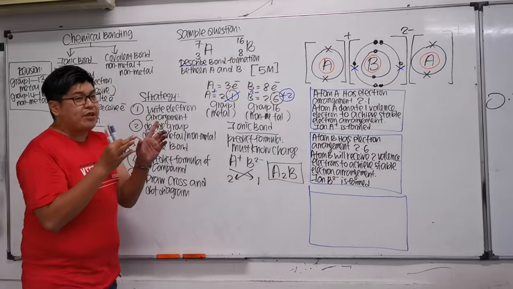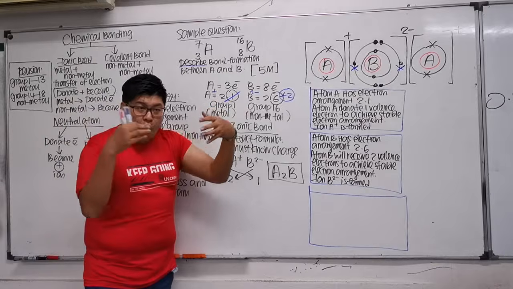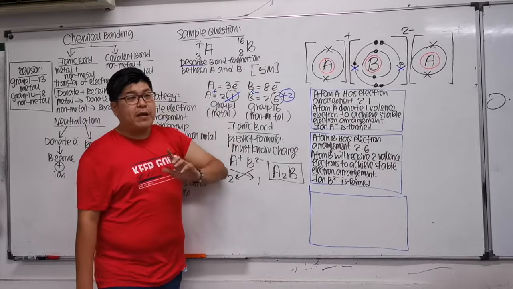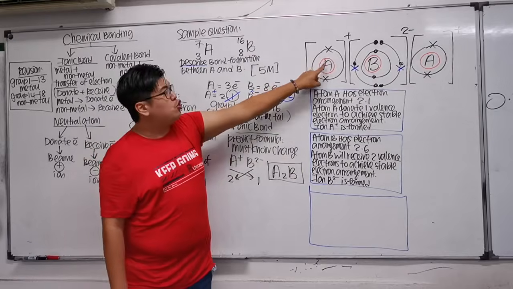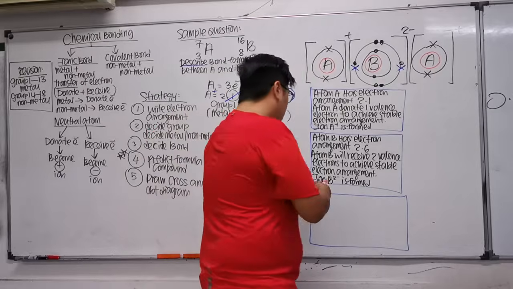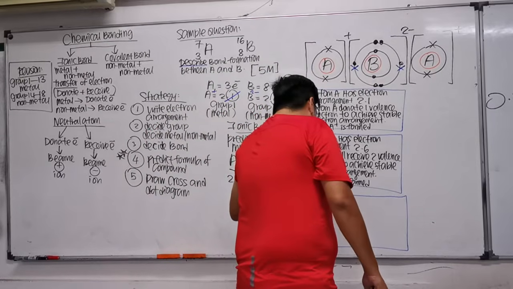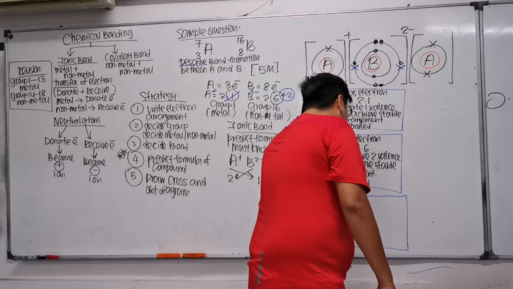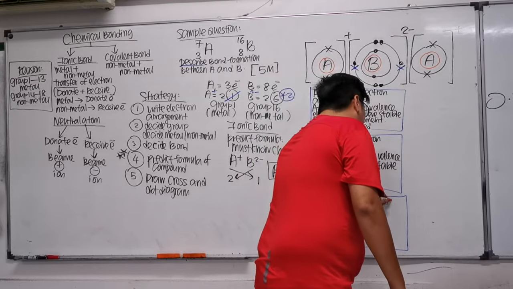How the prince and princess get together, fall in love together. How to do that? So now, guys, how many A you can see from the picture? 2. How many B you can see? 1. So write this. So you have 2 A+ ion and also 1 B2 minus ion.